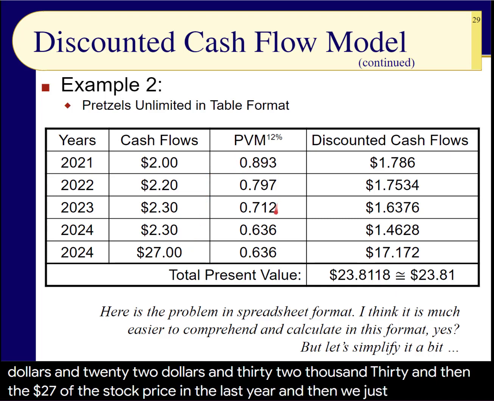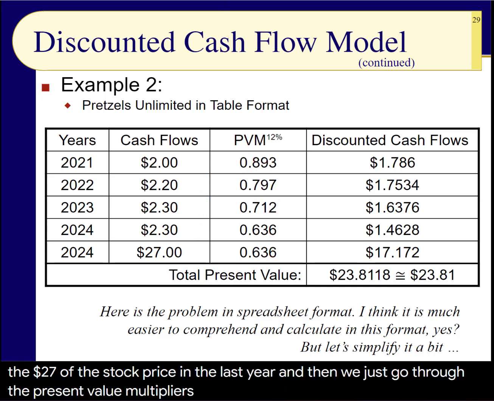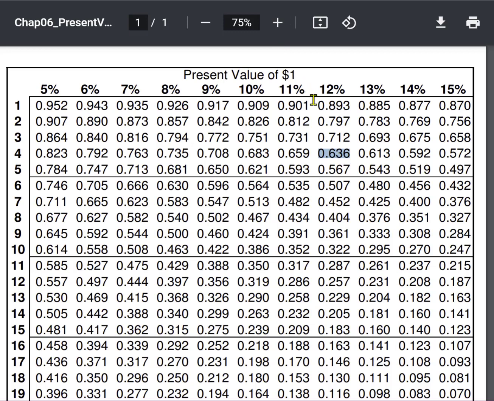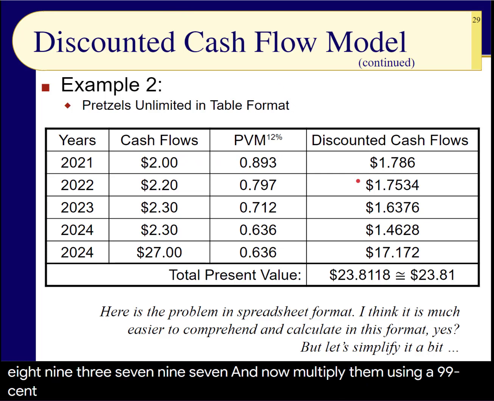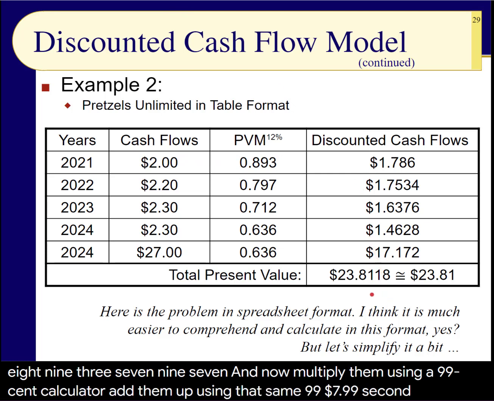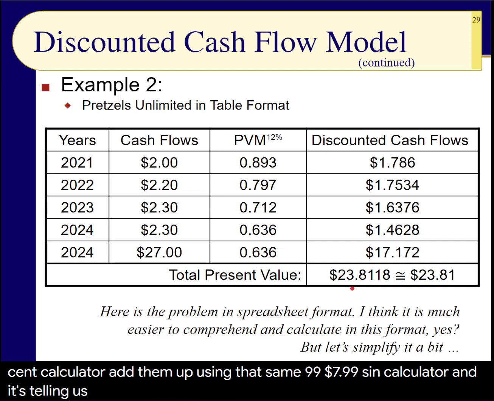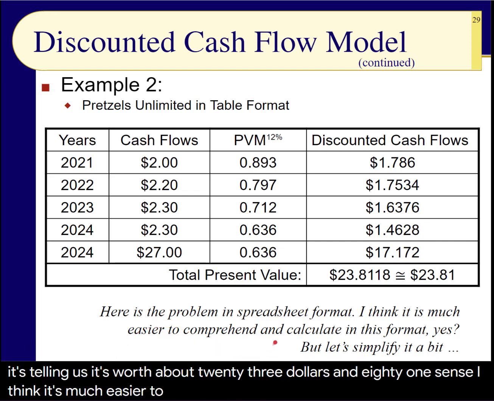And then we just go through the present value multipliers that we saw here on the table. Here they are, 893, 797, 712, and 636. And now multiply them using a 99-cent calculator. Add them up using that same 99-cent calculator. And it's telling us that it's worth about $23.81. I think it's much easier to comprehend and calculate in this format, yes?